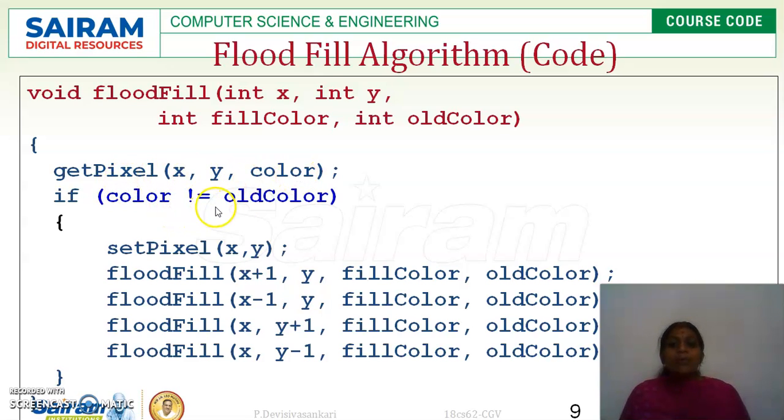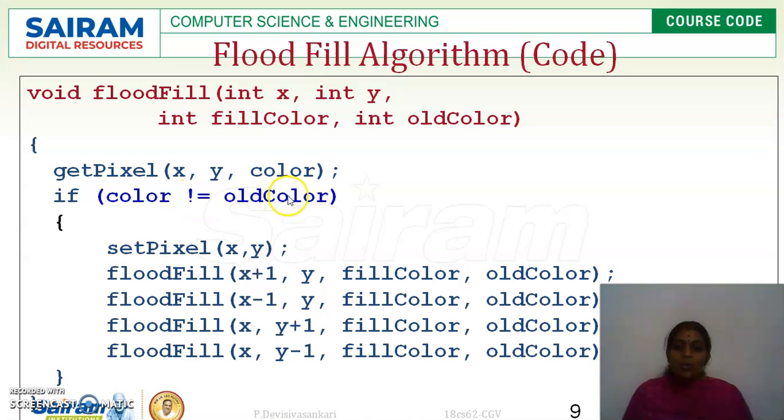If the color is not equivalent to the old color, then for that particular pixel the current fill color will be applied. For example, the old color is green, but if the color is not green, the present yellow color will be filled.